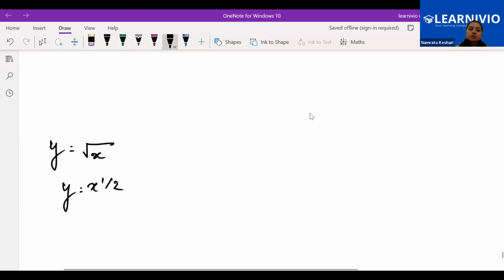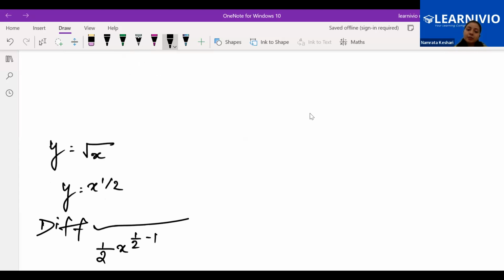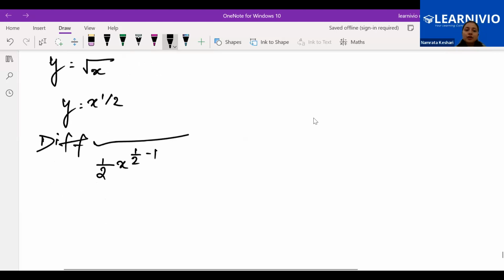We will be able to use the formula, 1 divided by 2 root x. n x to the power n minus 1 is the formula. So it will be 1 by 2 x to the power 1 by 2 minus 1, which is 1 divided by 2 root x. I'm just asking, 1 by 2 minus 1 will be what?